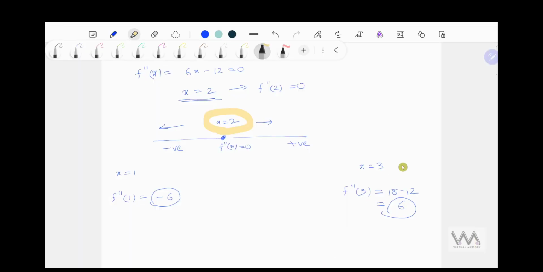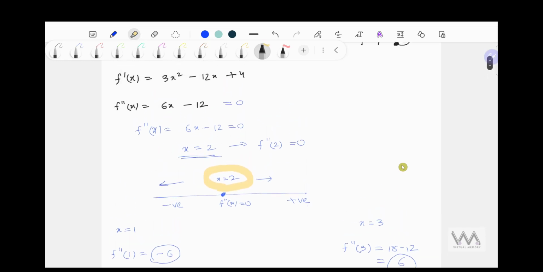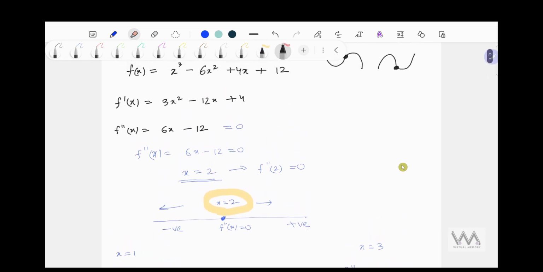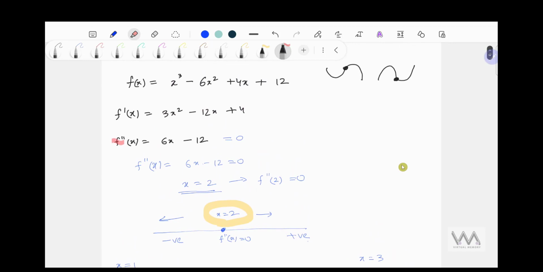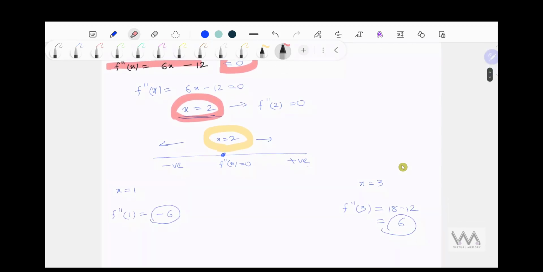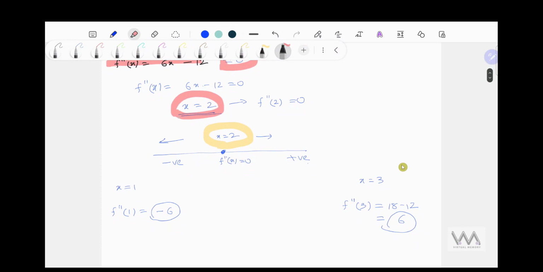So just to recap, the first thing we do for the equation is find the second derivative, set it to 0 and solve for x. We get x equal 2. Then we pick a number smaller than x equal 2 and solve for the second derivative. We get a negative number.